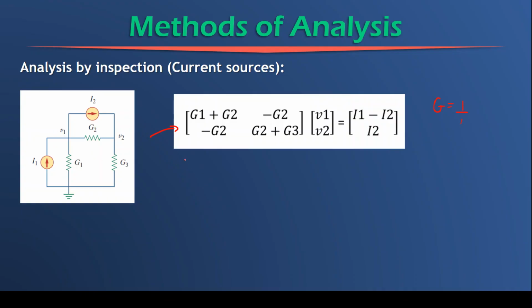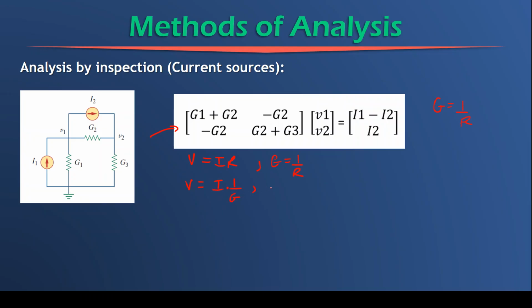We start off by using Ohm's law, and Ohm's law says V is equal to I times R. But then we express the resistance in terms of conductance. We know that G is equal to 1 over R, therefore V is going to give us I multiplied by 1 over G.